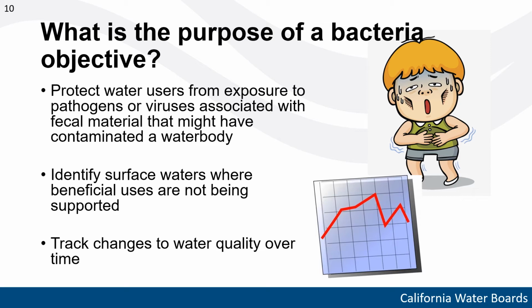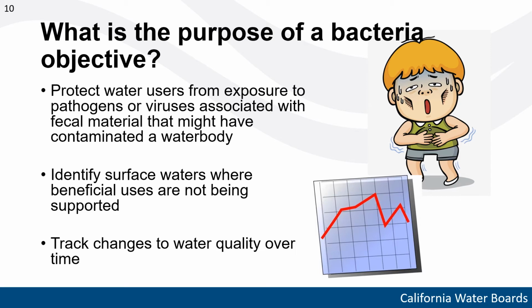In addition to protecting people, bacteria objectives are also useful when determining where there are pollution issues that are degrading our surface water resources. By collecting bacteria data and comparing those data to a water quality objective, environmental managers can determine if there are water quality issues and whether resources should be focused to protect water quality.